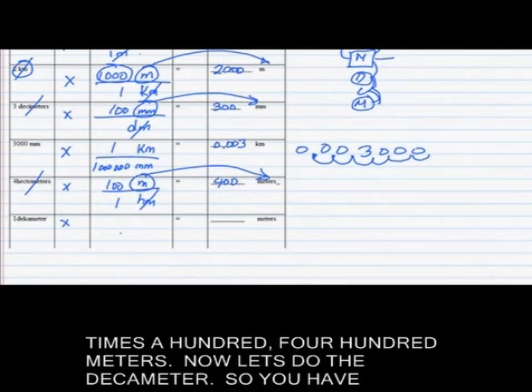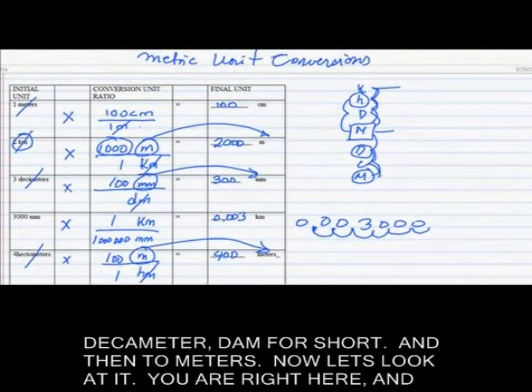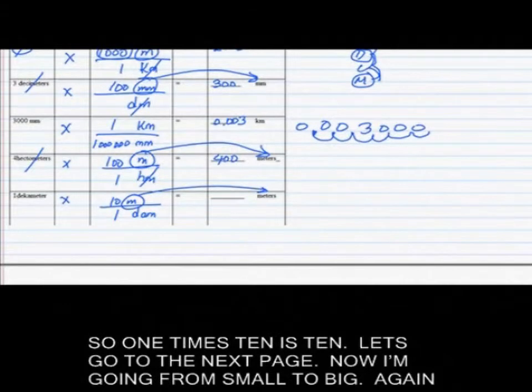Now let's do the decameter, DAM for short, to meters. You are right here, and that's 1 step. So we're talking about 10 meters, and that's what needs to come out. So 1 times 10 is 10.